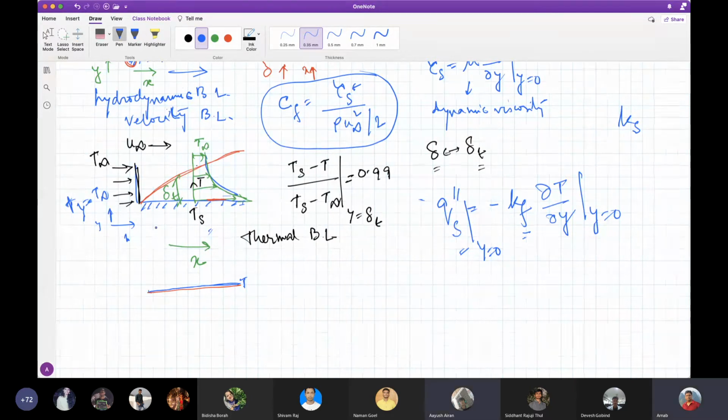The layer that comes in contact with the solid surface attains a zero velocity. It is not moving. So that is why there is no advection there.